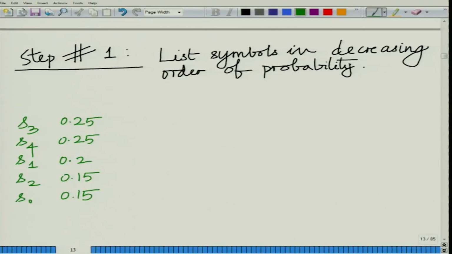Okay. Now what we do is we fuse or combine the two symbols with the lowest probabilities. Now if you look at this, S2 and S0 have the lowest probabilities.